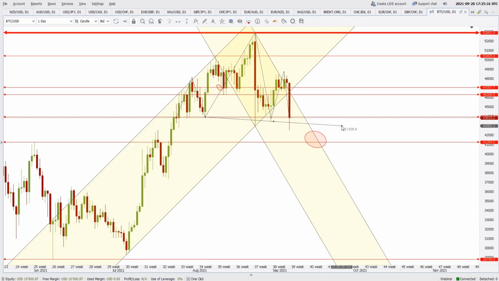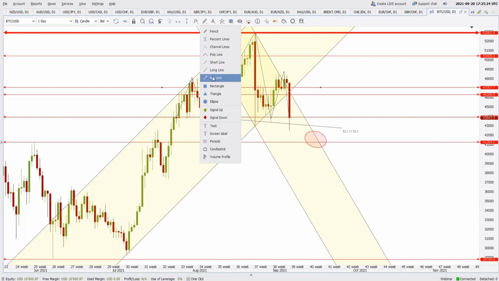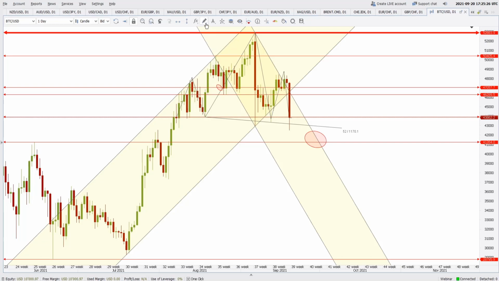You can connect here or you can connect there, and if it closes below this, that means it will be head and shoulder break, and after the break you have to wait for this area, this retest area, for the price to act as a fresh resistance.